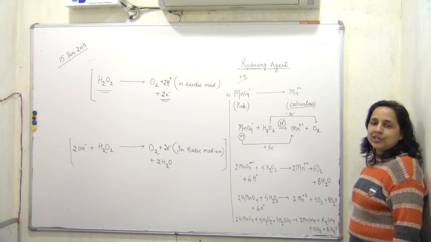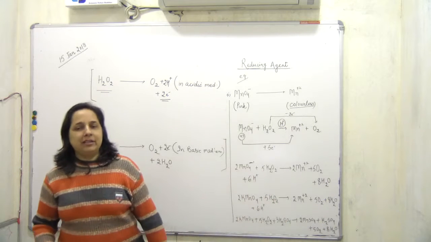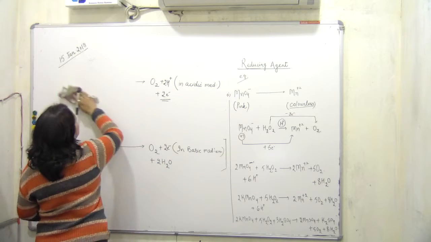This is the overall reaction if we balance the charge of MnO4 negative with K, and H positive ions are provided by sulfuric acid.